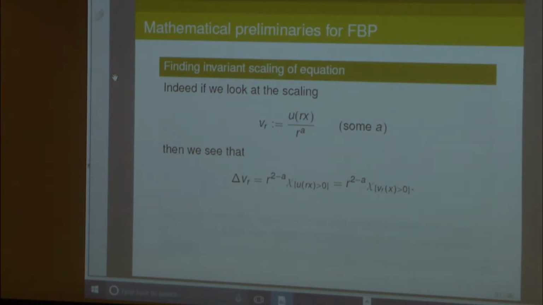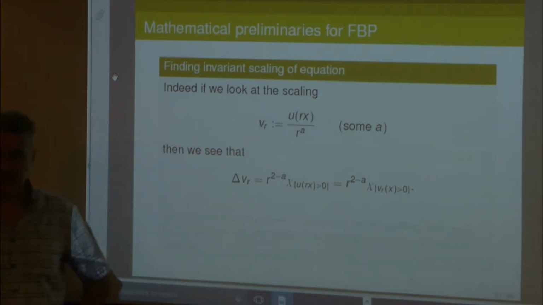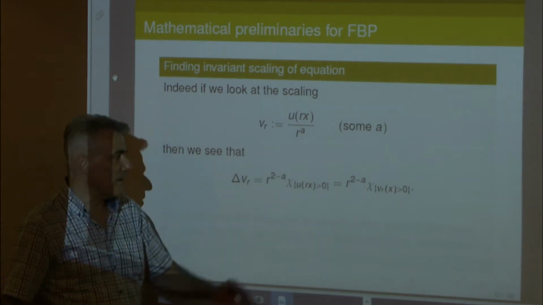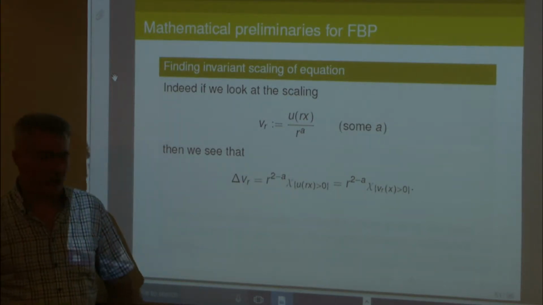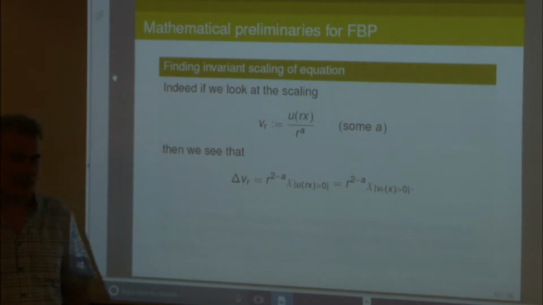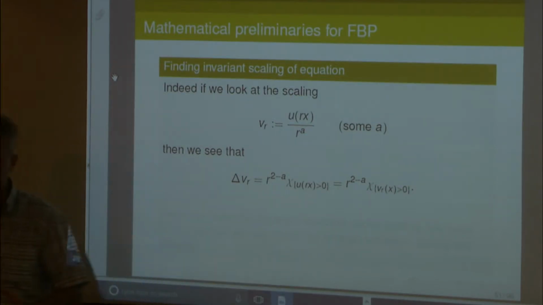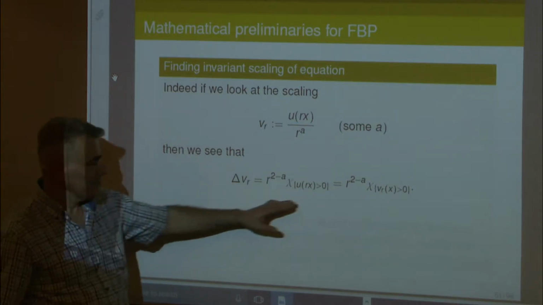We are looking for such a possibility of scaling. We want to zoom, and if you want to zoom, then you have to divide by some r to the power a. In order to find the correct a, you have to keep the PDE. I don't want to lose my PDE, I don't want to lose my function. So when I scale it, the answer will be this.